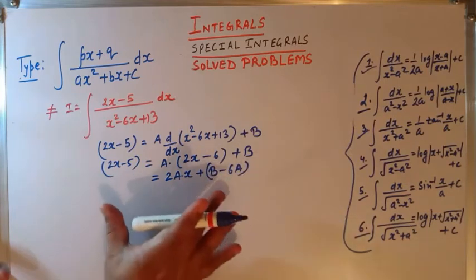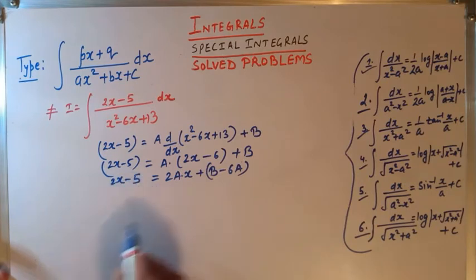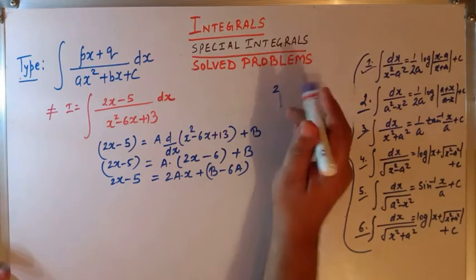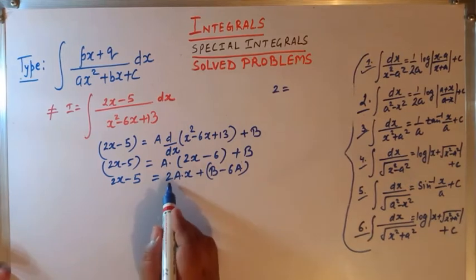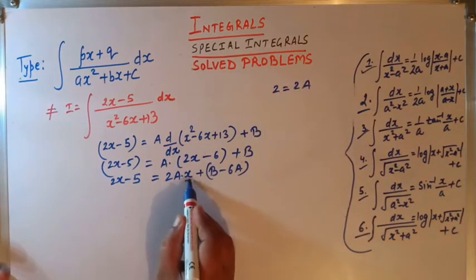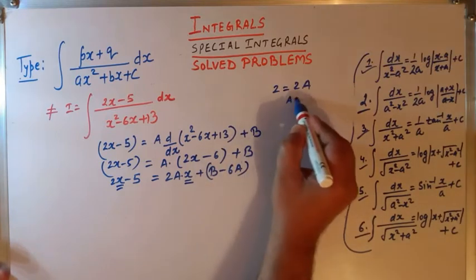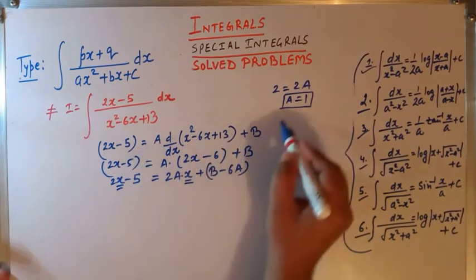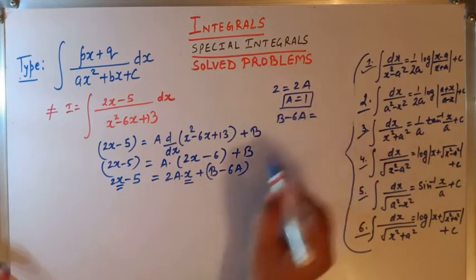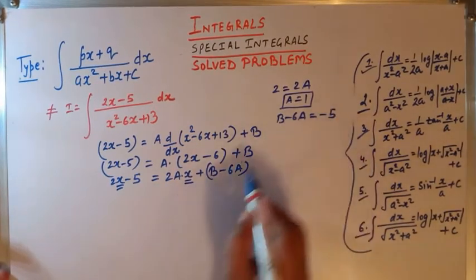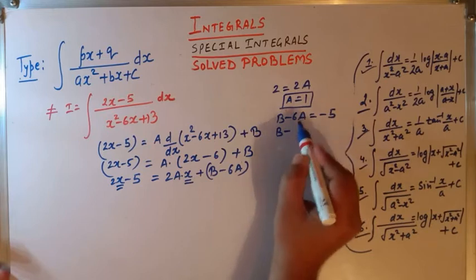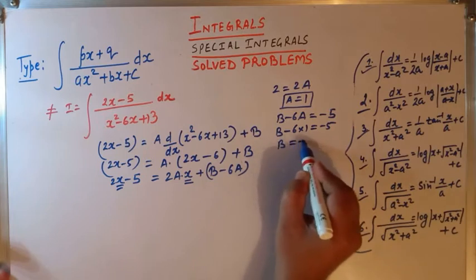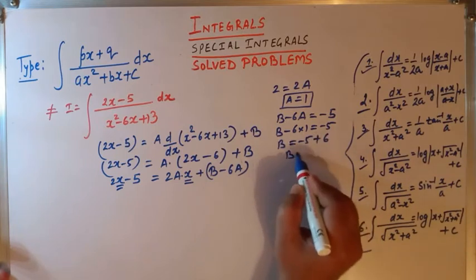Clear? Now if we compare both the sides, we have 2 is equal to 2a, comparing the coefficient of x, so we have a is equal to 1, and comparing the constant term on both sides, b minus 6a is equal to minus 5, so b minus 6 times 1 is minus 5, so we have minus 5 plus 6, and we have 1.